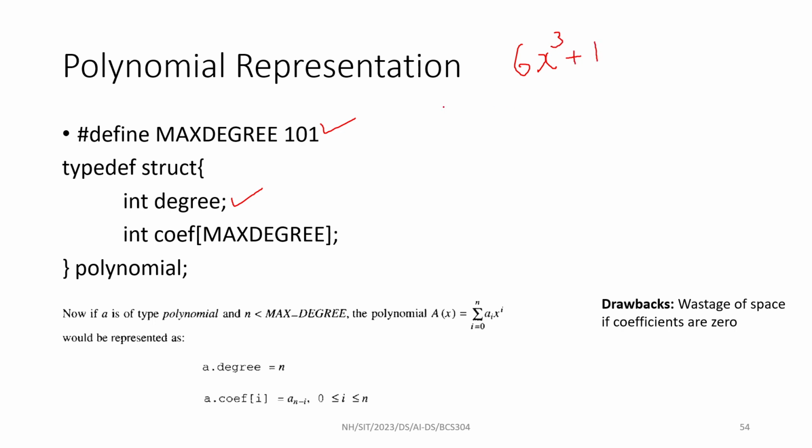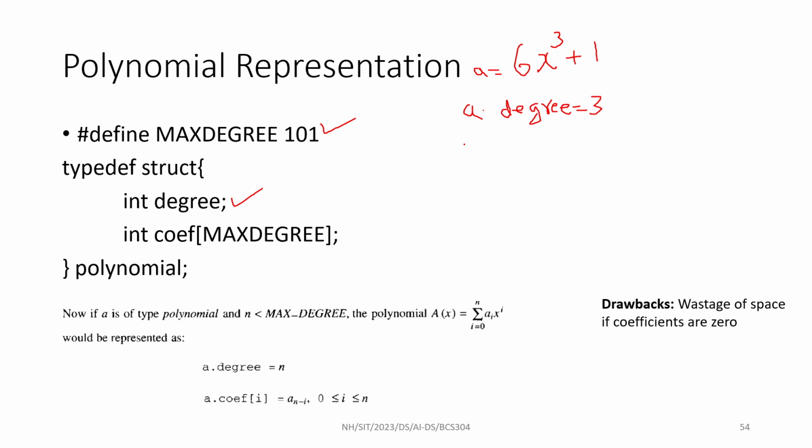In this case, how the polynomial is represented? If a polynomial is a, then the degree, highest degree, as these terms are arranged in the descending order of power, so highest degree is 3, a dot degree is 3.